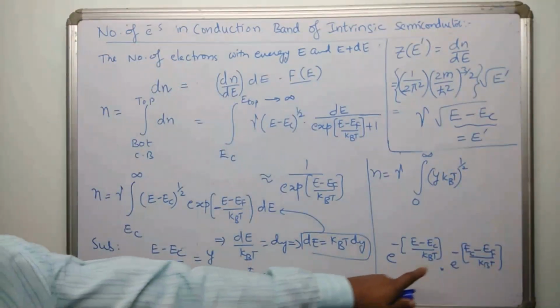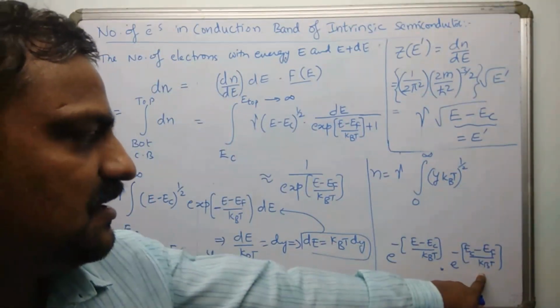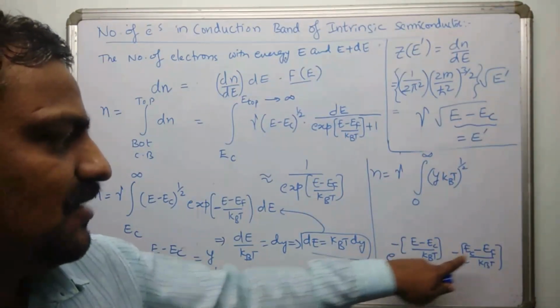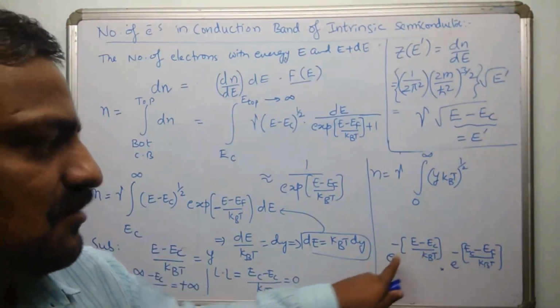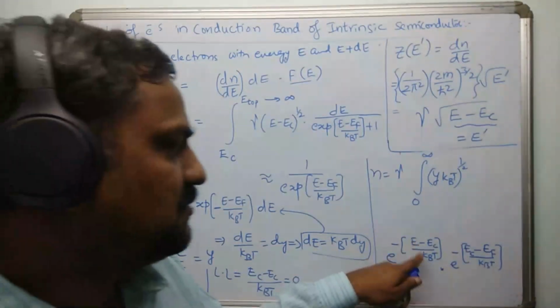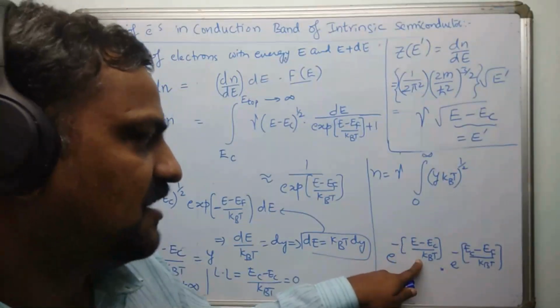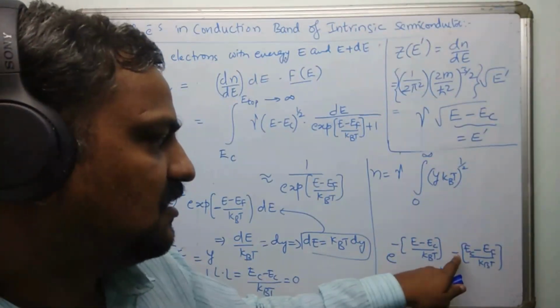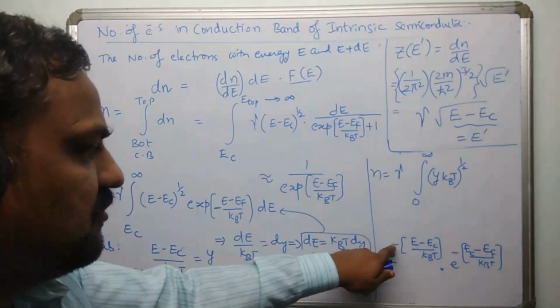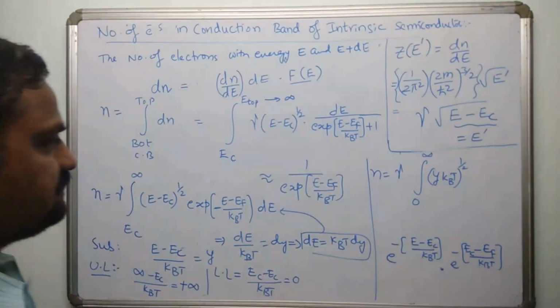Please observe, e power minus EC by kBT, fine. E power minus into minus plus EC by kBT. So minus EC by kBT plus EC by kBT. Both are e power m and e power n, right? So you can add them as e power m plus n. So e power minus E by kBT survives, EC by kBT is gone, and here once again minus into minus plus EF. So it is minus of E minus EF by kBT.